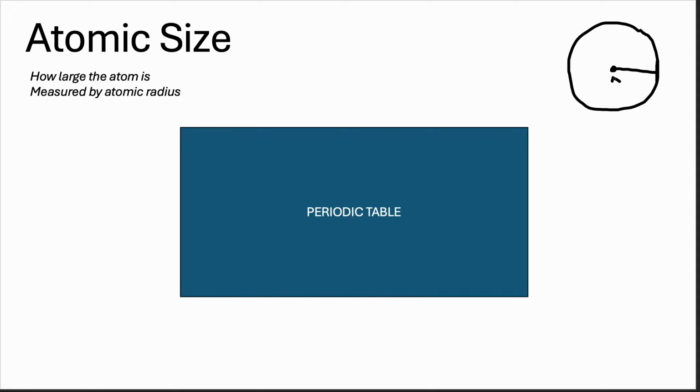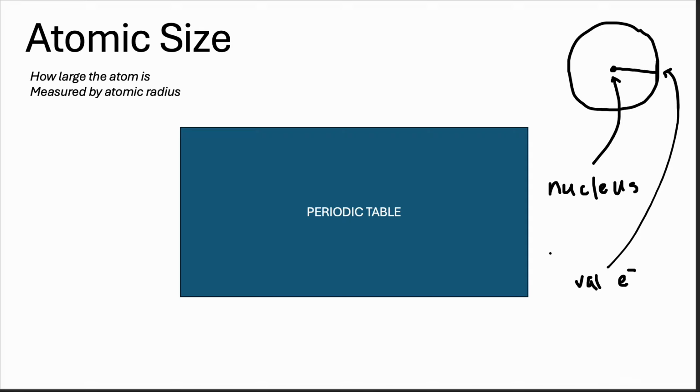So you have to be able to recognize those points by terminology, where the center is where our nucleus is, and the outermost part of that circle is where we have our valence electrons. So that's my atomic size.